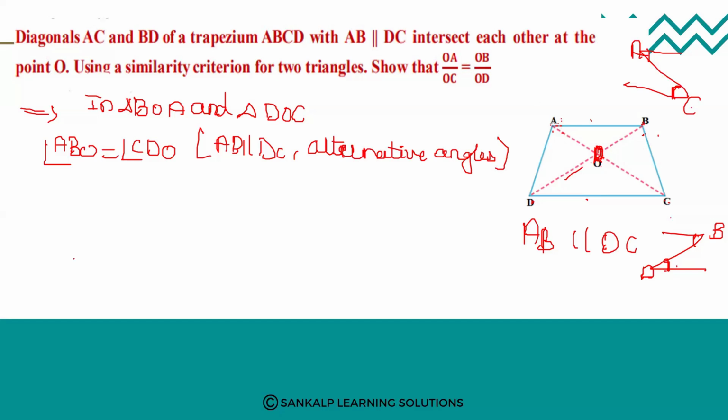So we write angle BAO is equal to angle DCO. Why? Because A and C are alternate angles here. When AB is parallel to DC, these two angles are equal.